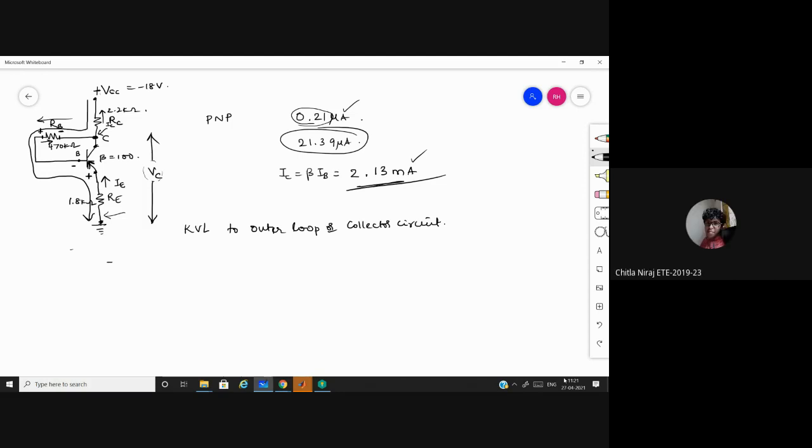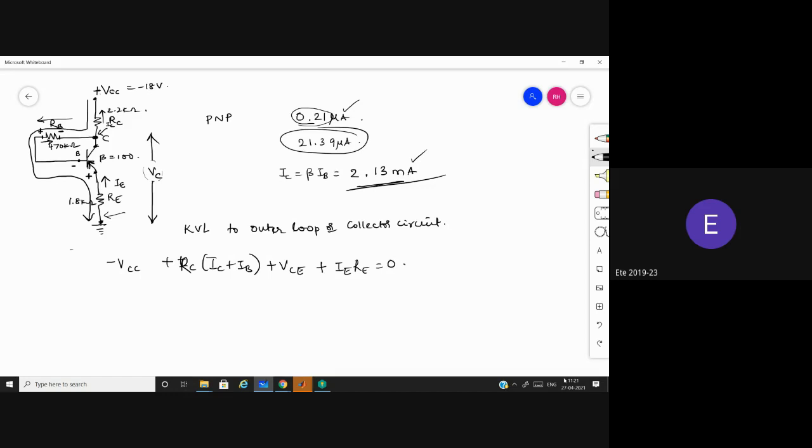Minus VCC plus RC into IC plus IB, then plus VCE plus IE into RE is equal to 0.